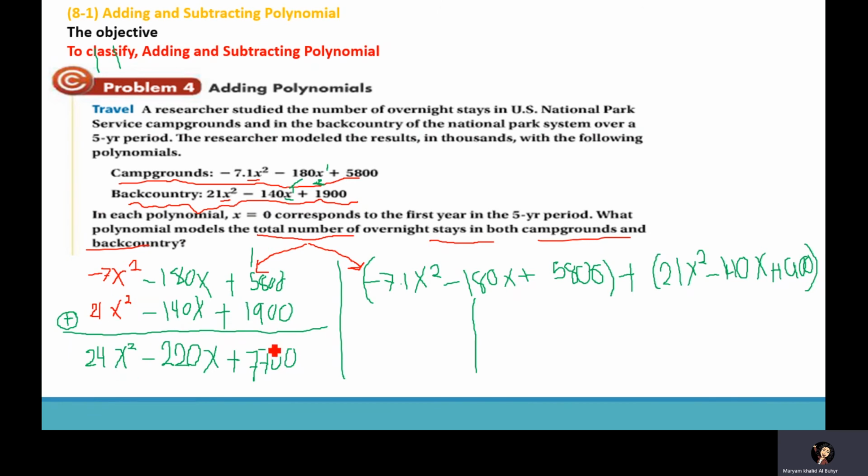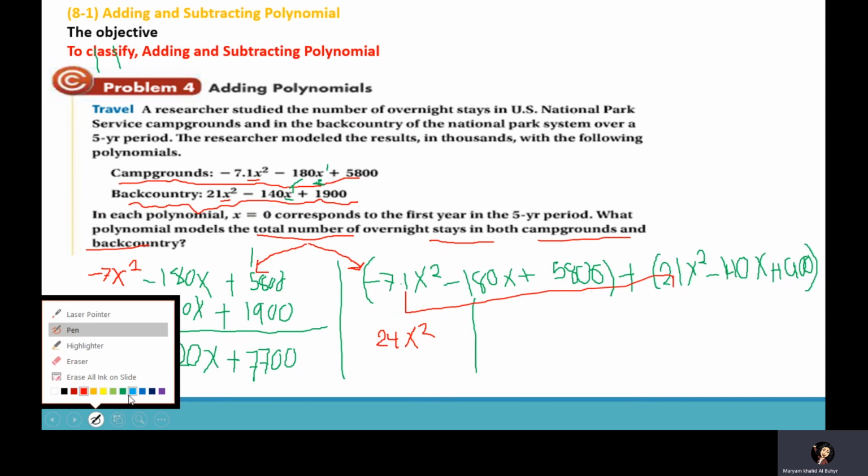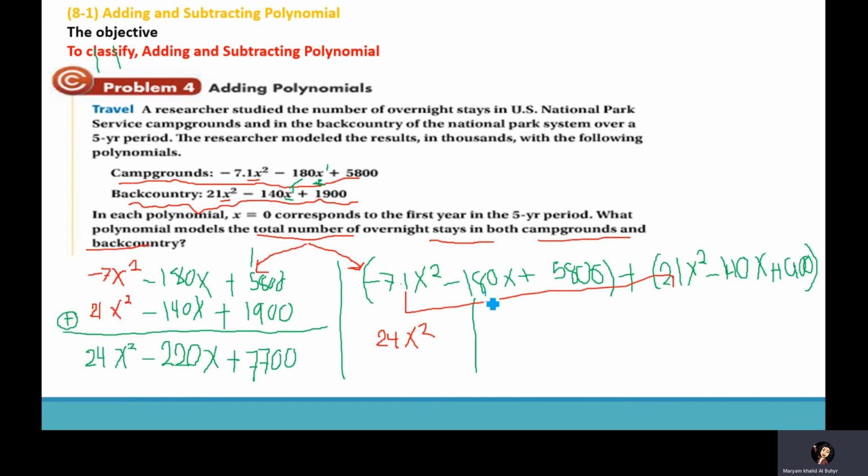So let me go again. This term with this term, they are like terms. Yes, I can add or subtract them according to the sign that I have. So that will be 24 x to the power 2. Then my eyes go to the second thing, this one and this one. They are like terms, so that will be negative 220 x.